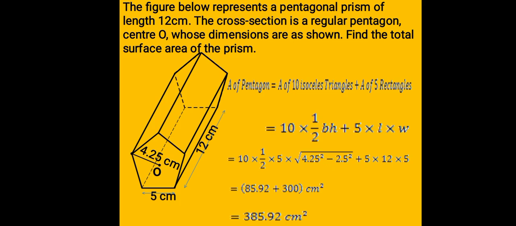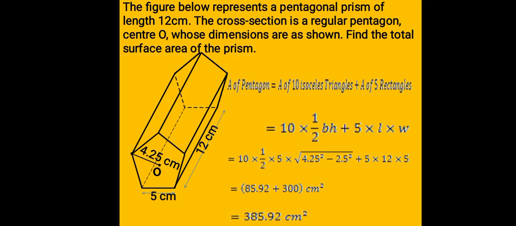Now, a pentagon actually forms 5 isosceles triangles. Now, since that is a prism, we have 2 pentagons at the ends, so we shall have 10 isosceles triangles.